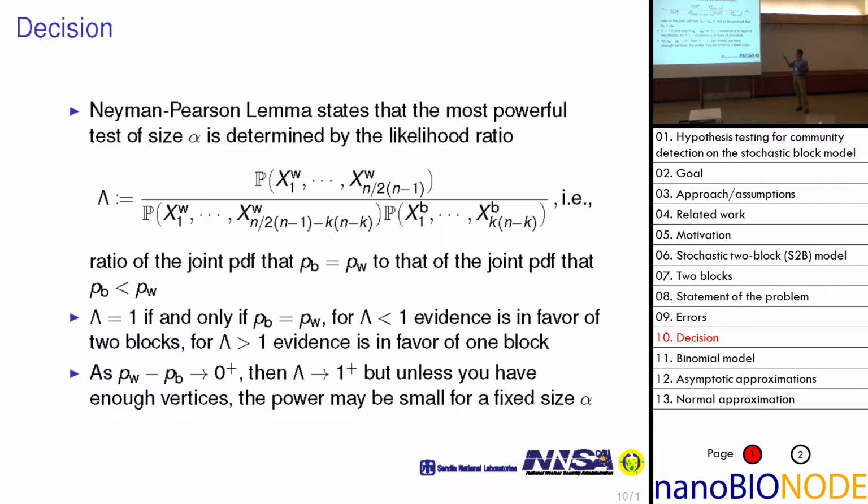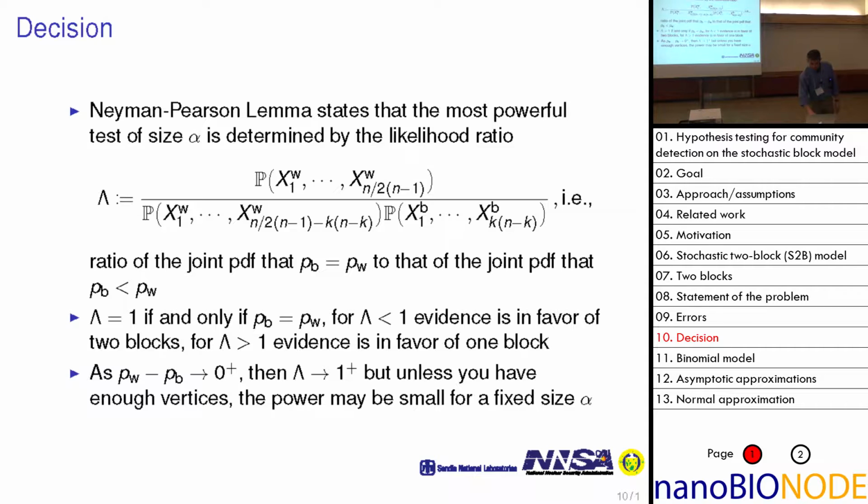What's well known statistically is that for fixed sample size n, as PW goes to PB, you're not going to be able to get a good size and good power. But by increasing the number of vertices, increasing the data, or given that we have a random graph model, increasing the sample size, you'll be able to get a small beta and a small alpha, which is a good thing.